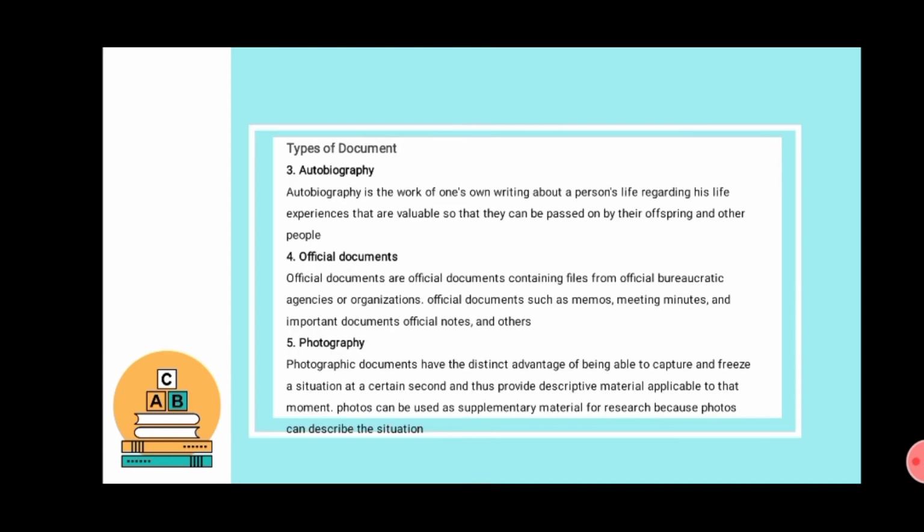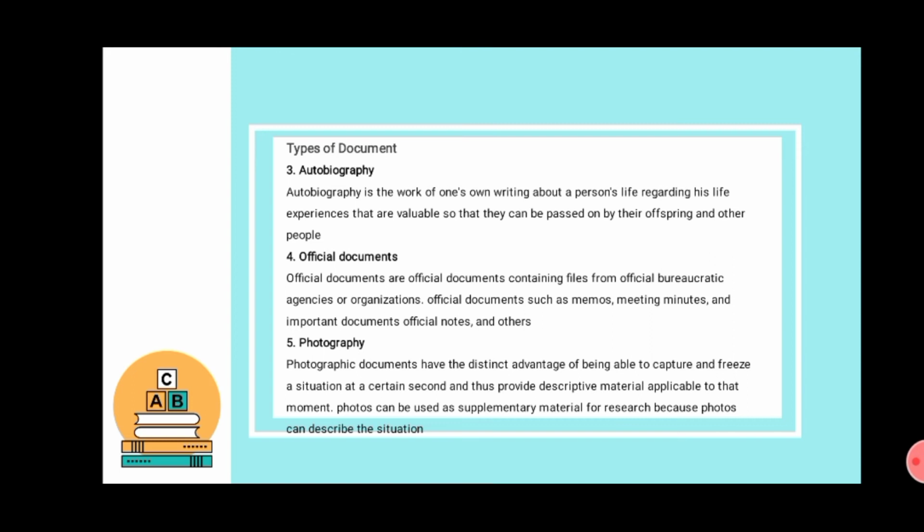Third, autobiography. Autobiography is a work written by one person about a person's life, telling his life experiences that are valued so that they can be passed on to their offspring and other people.